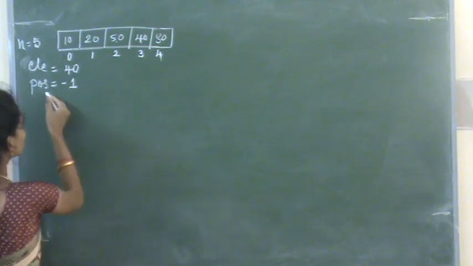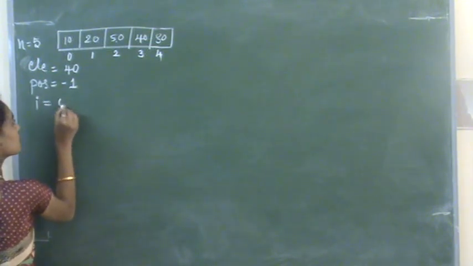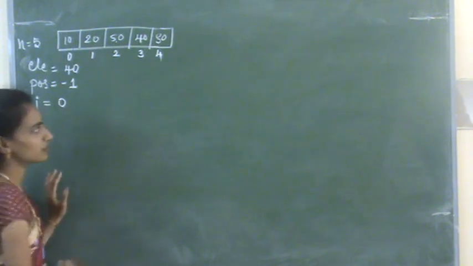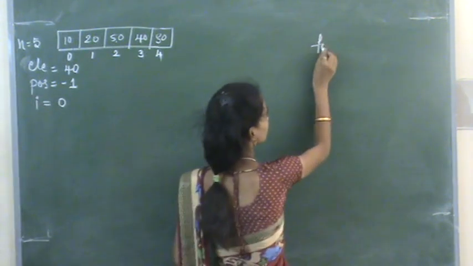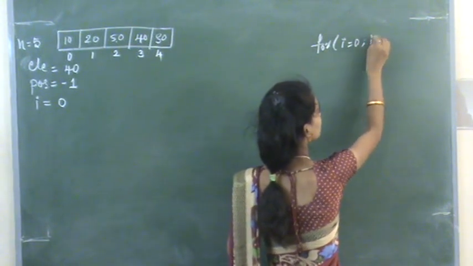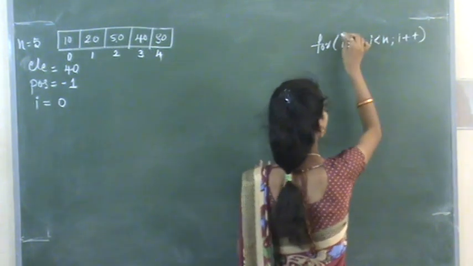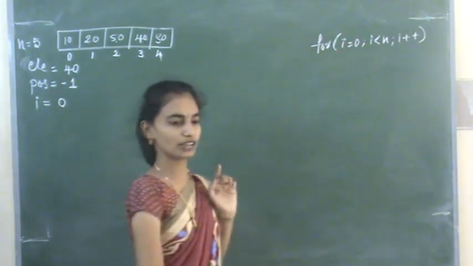Initially the for loop I value becomes 0. For I is equal to 0, I less than n, I plus plus. So this is the for loop we are using.